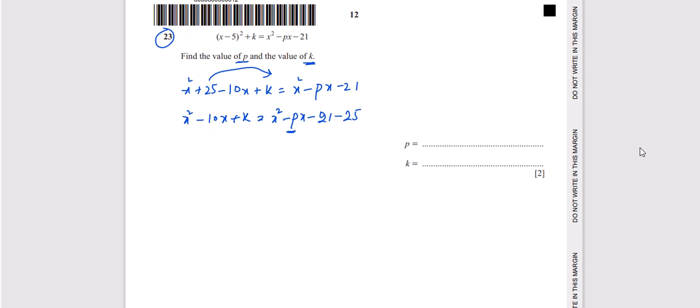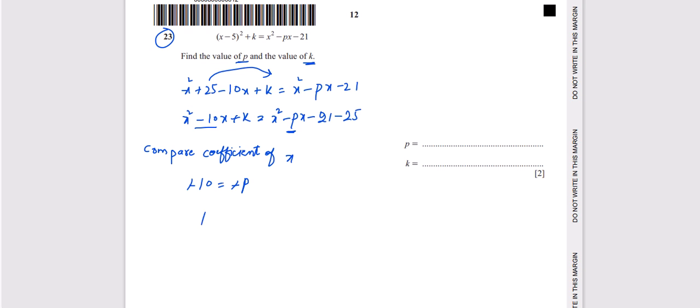Compare the coefficient of x. Here the coefficient of x is −10, and here the coefficient of x is −p.